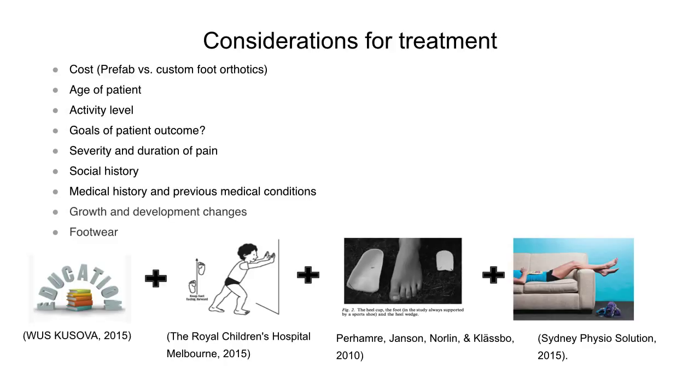In taking a patient-centered approach and clinical reasoning approach to treatment with a patient with diagnosed Sever's disease, it is important to consider cost, age of the patient, activity levels, goals of the patient, severity and duration of the pain, social history, and previous and concurrent medical conditions.